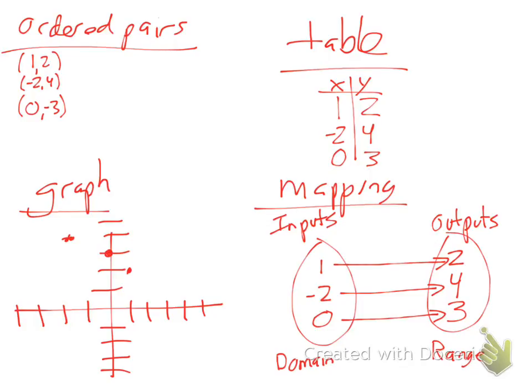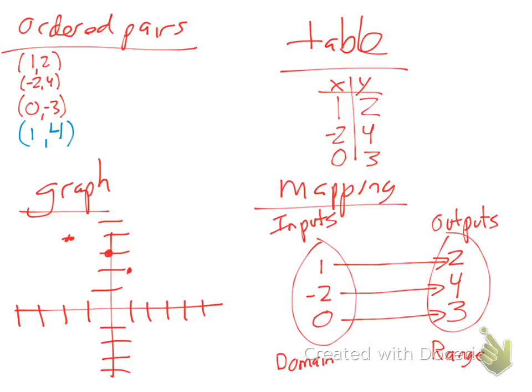Now, I'm going to change this up a little bit because things can happen. I'm going to change colors. What happens if I put an extra point in? What if I put the point 1, 4.